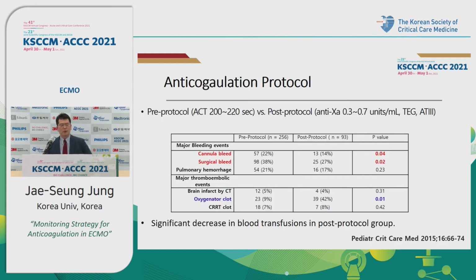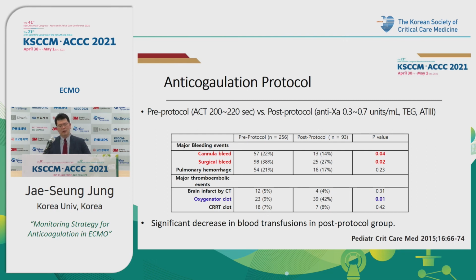This study was performed using an anti-10A based protocol and analyzed the clinical outcomes before and after the protocol period. Pre-protocol means the target anticoagulation was ACT level, 200 to 220 seconds.